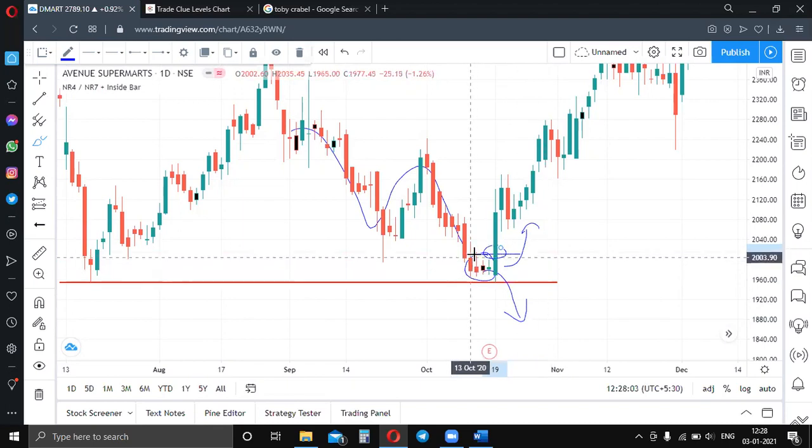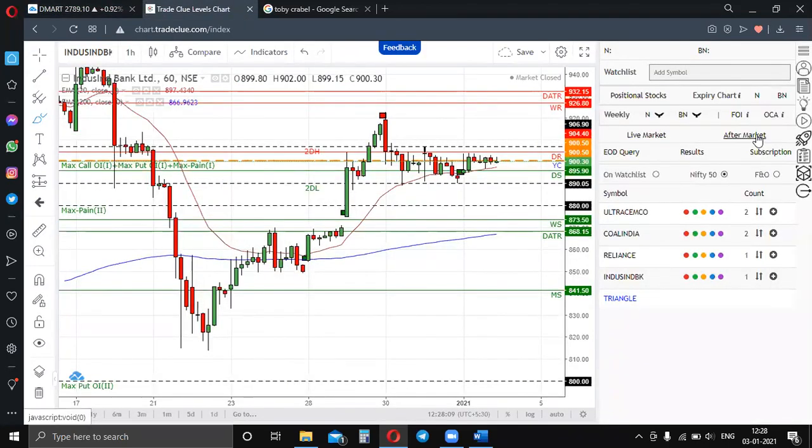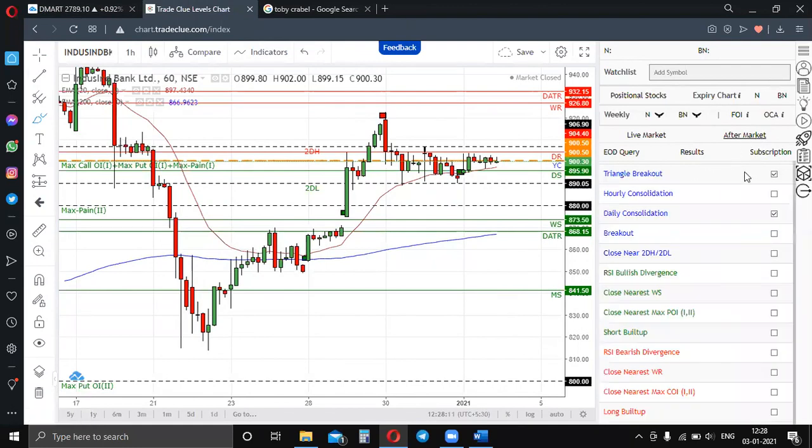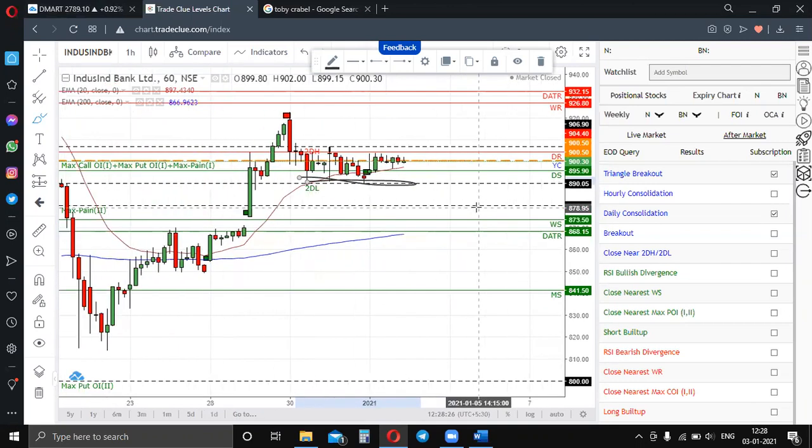And generally, with this NR7 pattern, we get such opportunities. Where are you going to find these stocks? You're going to find these stocks in aftermarket, triangle breakout, and daily consolidations. All right, on the 5-minute time frame, if I'm getting any super entry in these stocks, when the stock is breaching any important zone, I'll be more interested to go for shorting it.